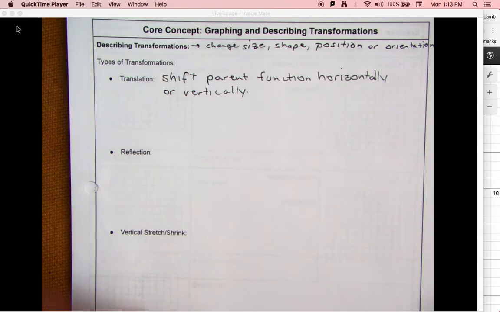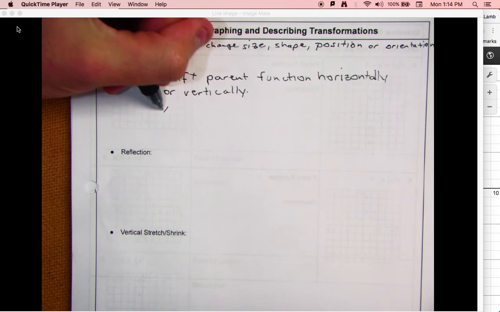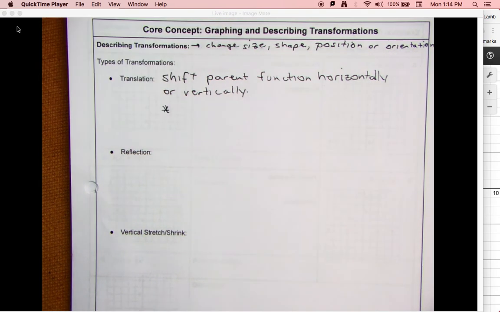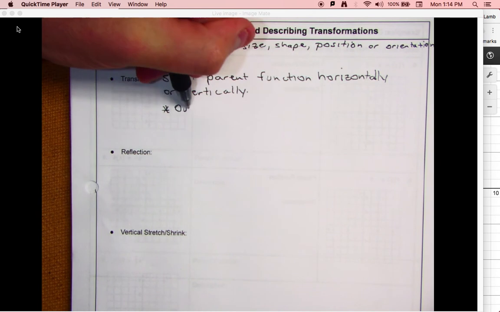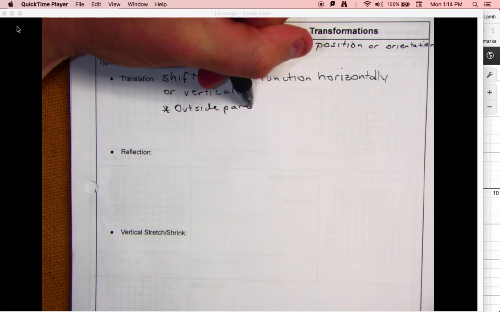And I'm going to put some things down. I don't know if we get to it in this section or not, but some key things to think about. I'm just going to put this in the back of your head, and I'll talk about what it means briefly. First thing, outside of the parent function.